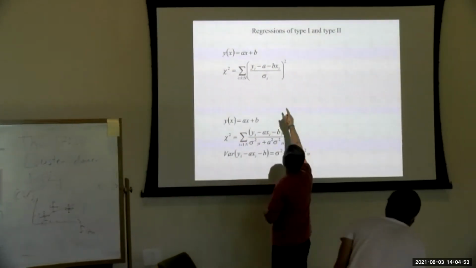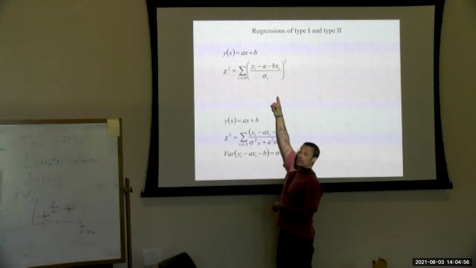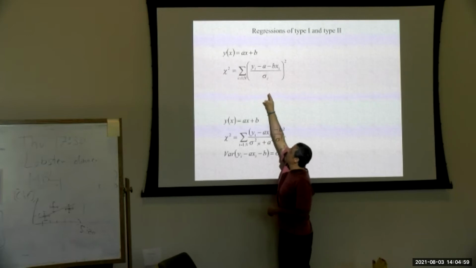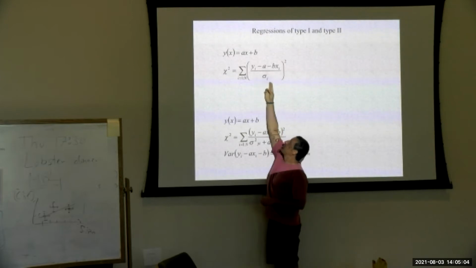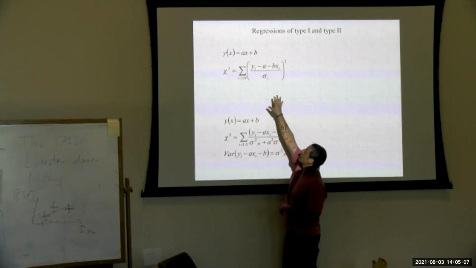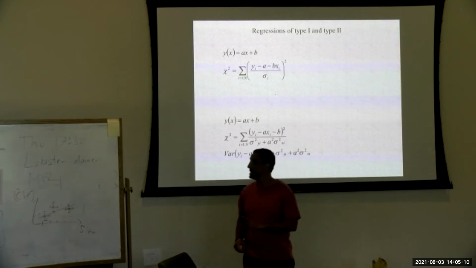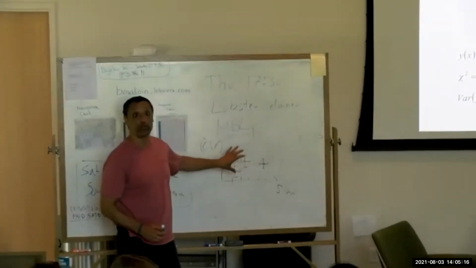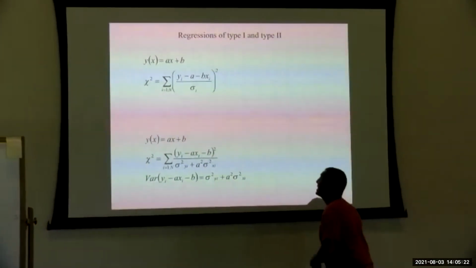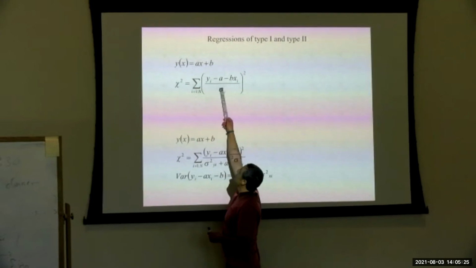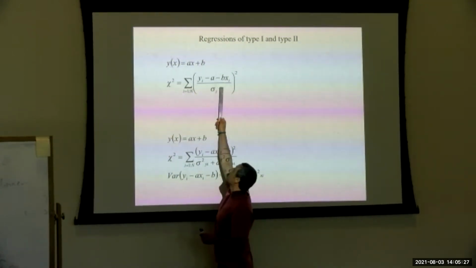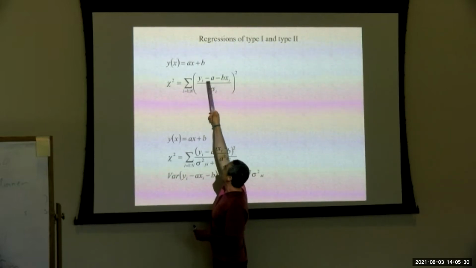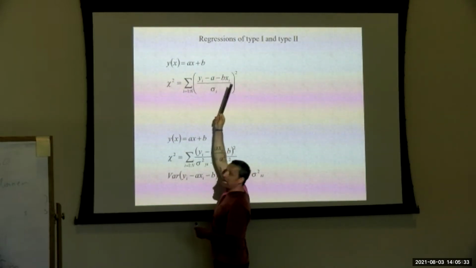In Excel, it will minimize the deviation in the y direction, the difference between y and the model. Sigma I comes in if you want to weigh points by their uncertainty. That is one step more advanced than Excel. Excel minimizes this without any error, and gives you A and B.